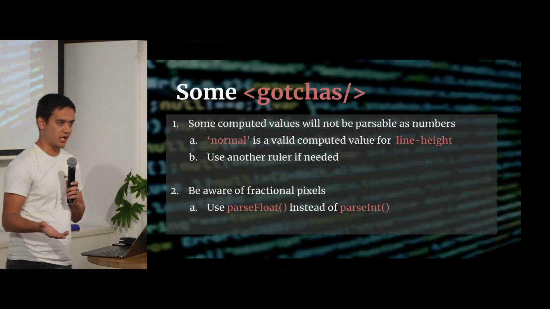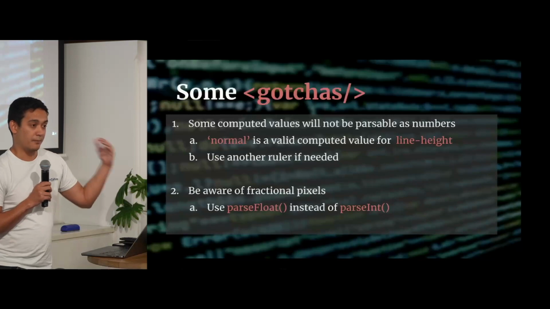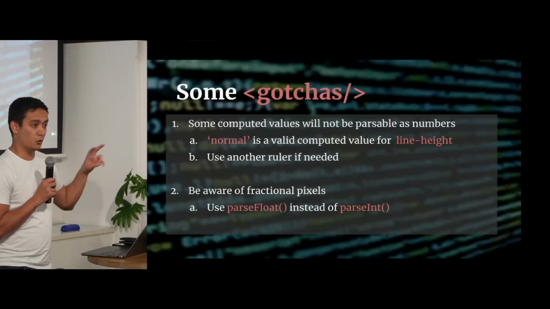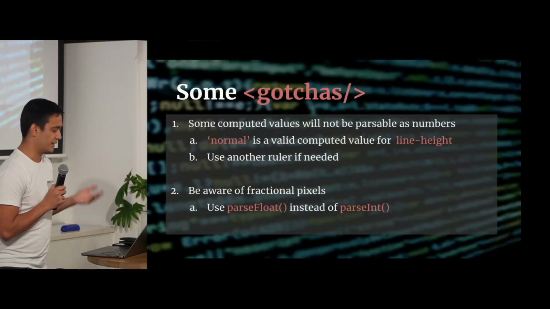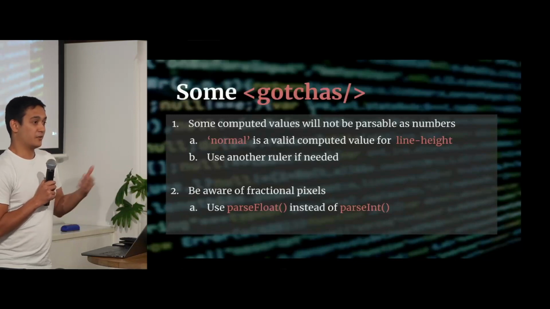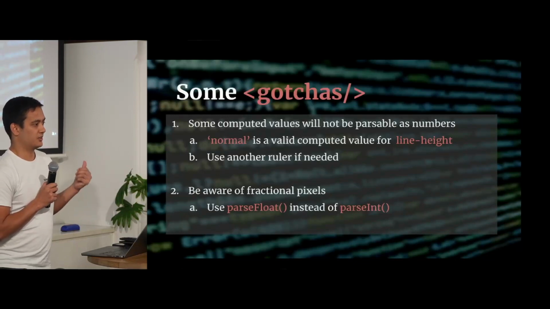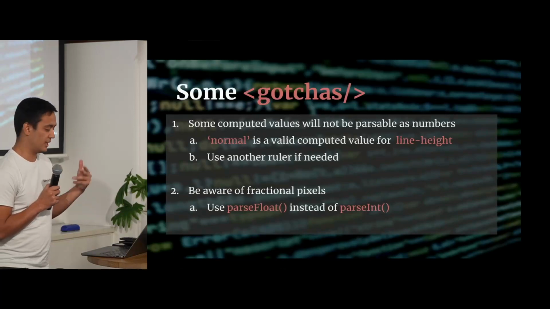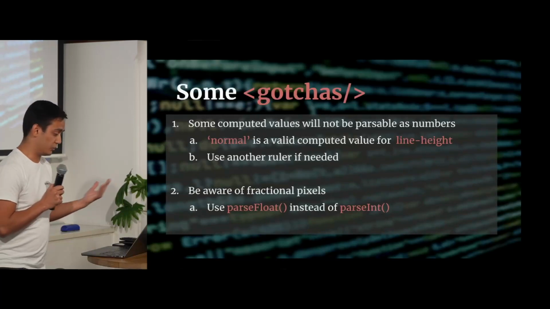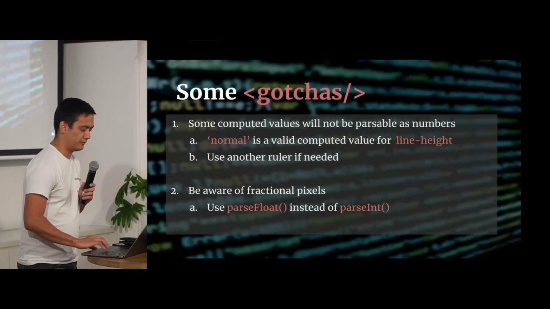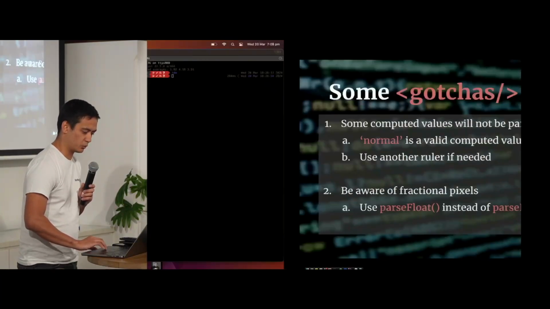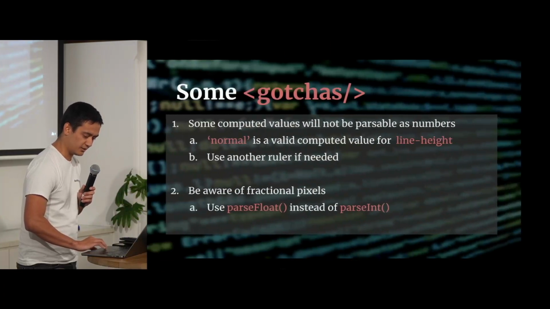So for example, line height, by default, the browser will return it as the string normal, even though when you set it as a CSS property, it's a number. That's because the line height is very dependent on a lot of things, such as the font size and those sorts of different dimensions. And you can use another ruler if needed. So the mirror really is a ruler to do calculations.